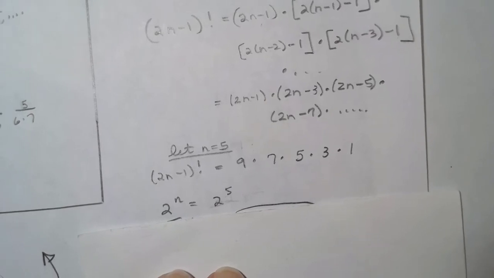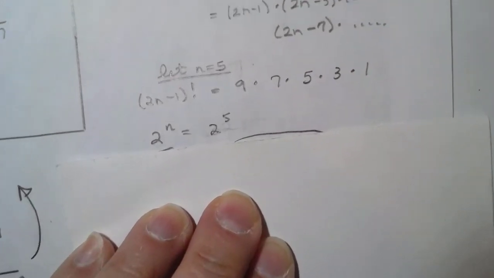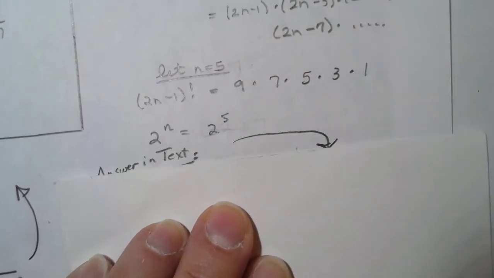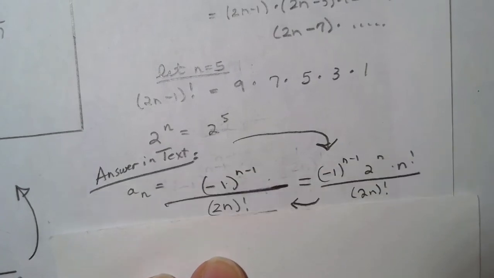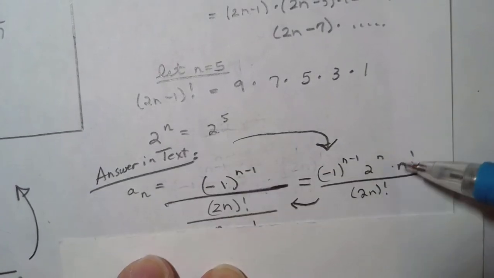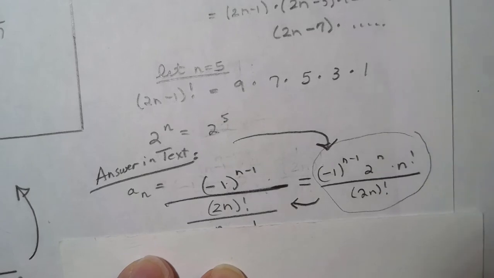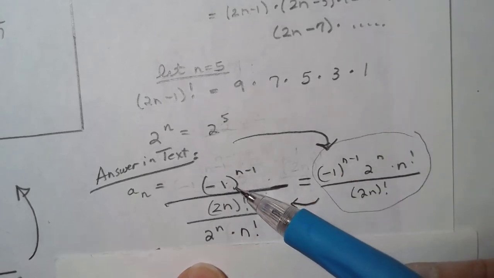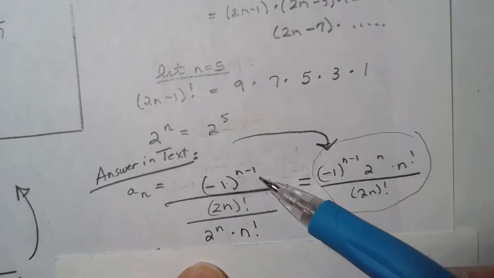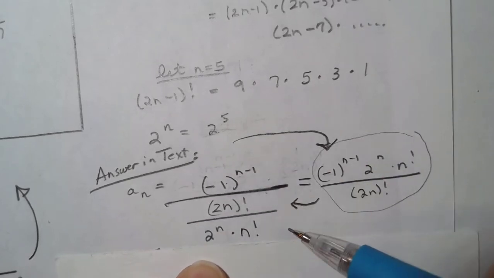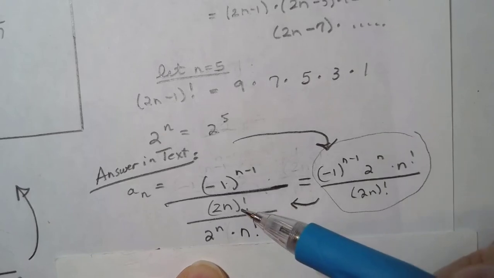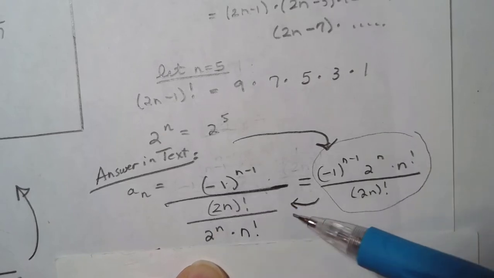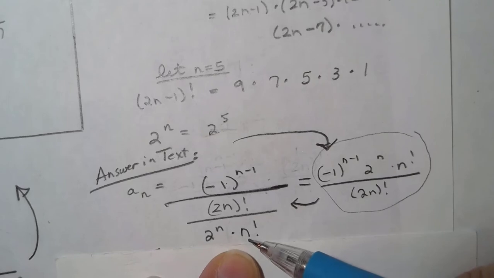We need to consider 2 to the n. Again, when n is 5, I have 2 to the 5th. Now, the answer that you get in the text is this one right here. This actually came from this. There's your -1 to the n minus 1, divided by, remember, 2n factorial gave us even factors, divided by, we know that n factorial, 10 times 9 times 8 times 7.